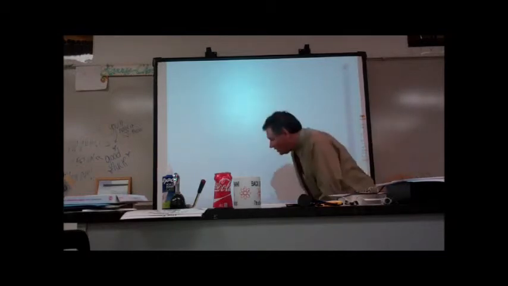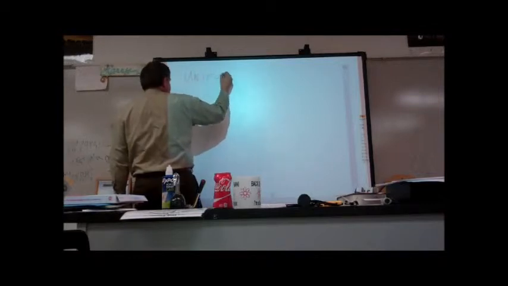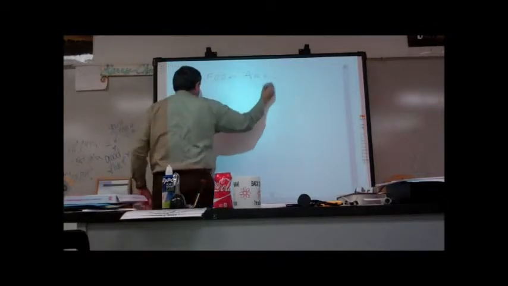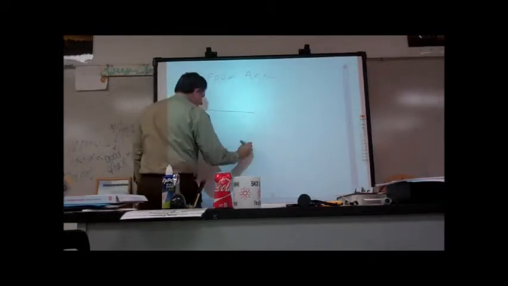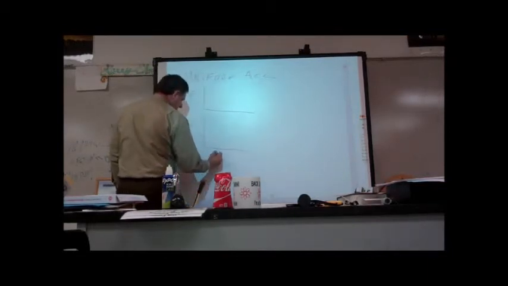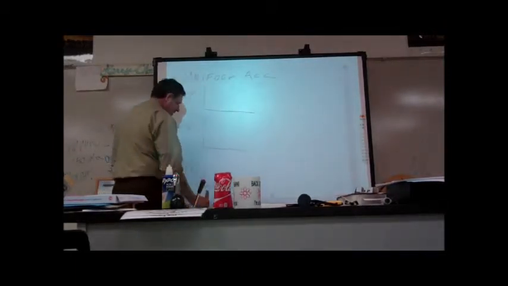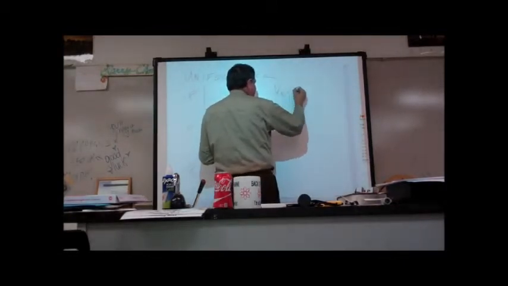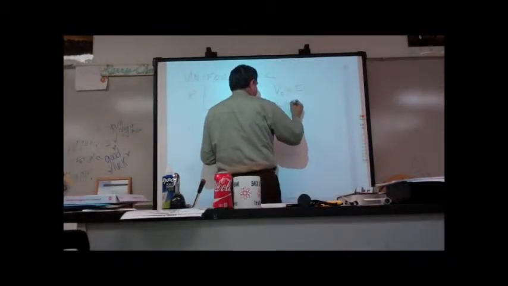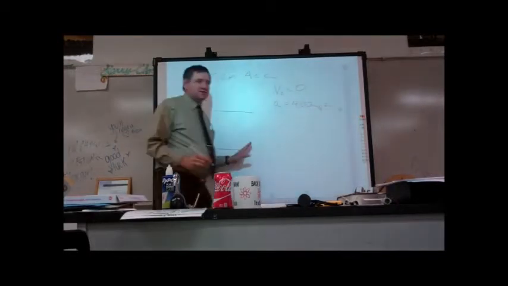When you have uniform acceleration, if you look at a position time graph, a velocity time graph, and an acceleration time graph. In this case, I had an initial velocity of 0, and an acceleration of a positive 4 meters per second squared.